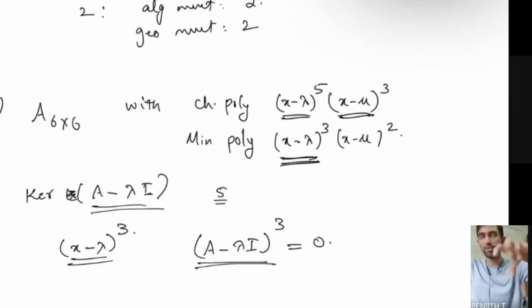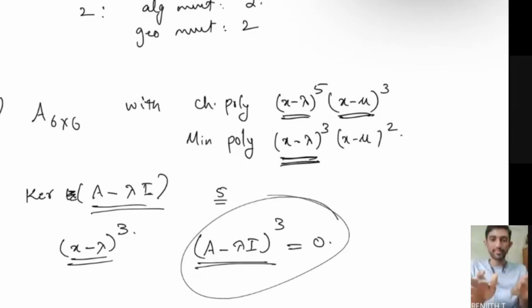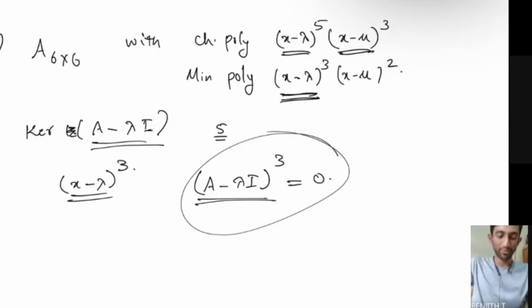Okay, so I am dividing the whole matrix into 2 parts. In the part where lambda is coming, that's what I am saying all these things. Here (A minus lambda I) cube is 0.